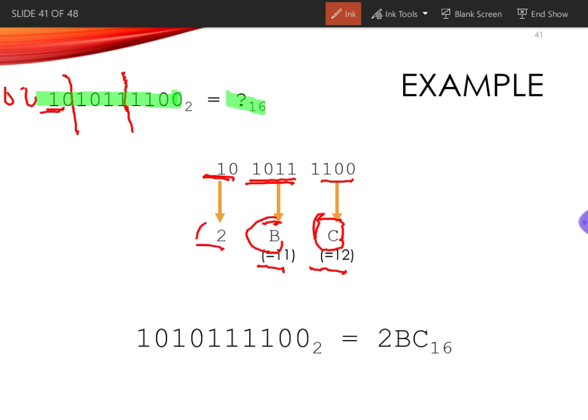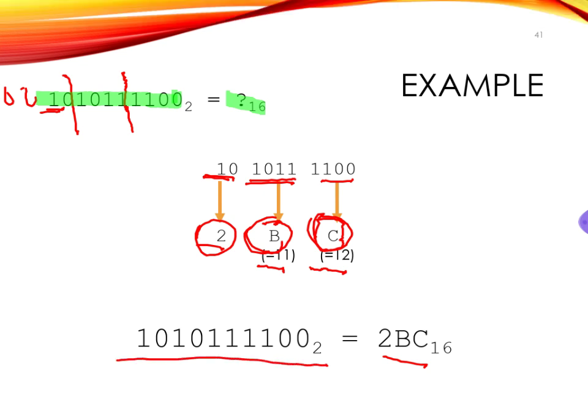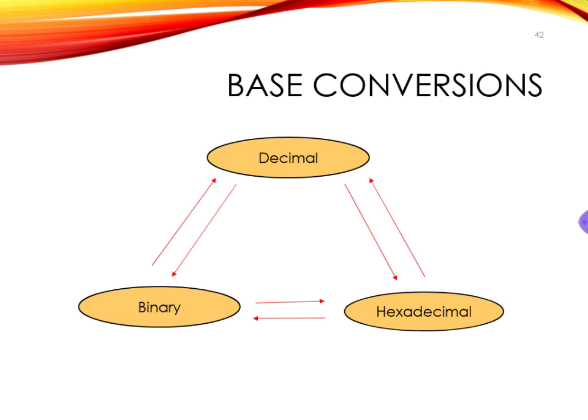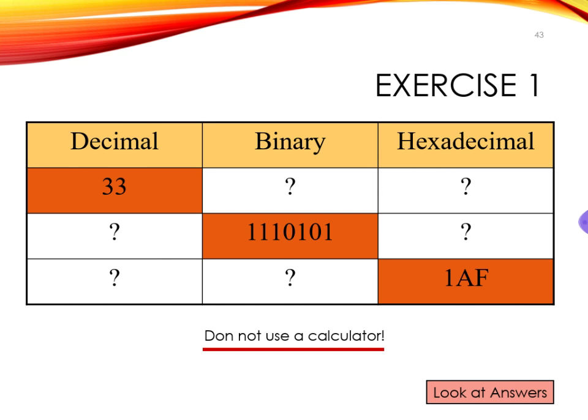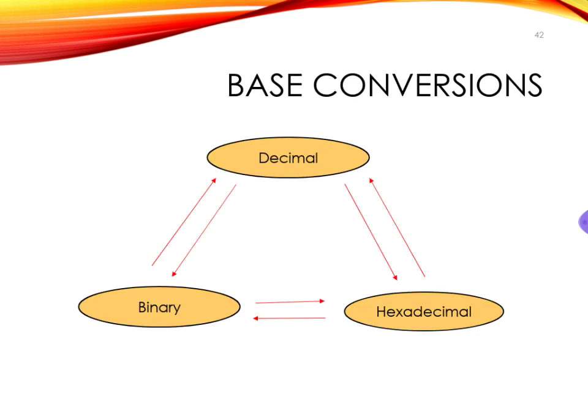So now we have 2BC as our equivalent hexadecimal for this binary number. So we have now looked at all the possible combinations and conversions.